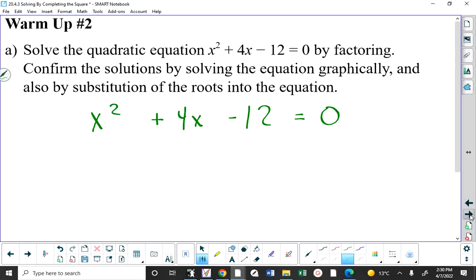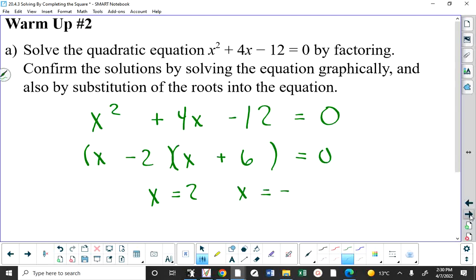You're looking here for two numbers that multiply to give negative 12. Be careful here. Multiply to give negative 12 and add to give positive 4. I'm thinking 6 and 2, positive 6 and negative 2, yes? So then that means that x equals 2 and x equals negative 6.